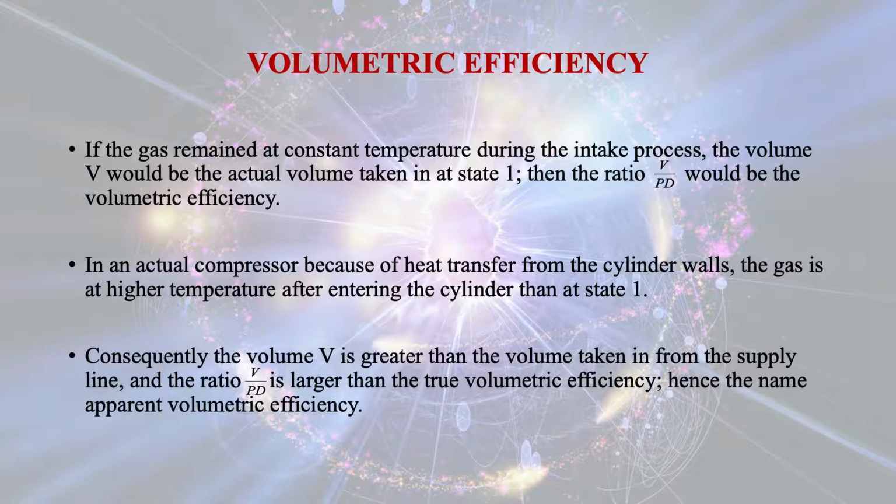Consequently, the volume V is greater than the volume taken in from the supply line, and the ratio V by PD is larger than the true volumetric efficiency, hence the name apparent volumetric efficiency.